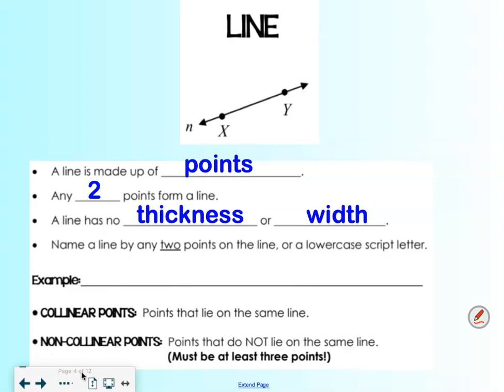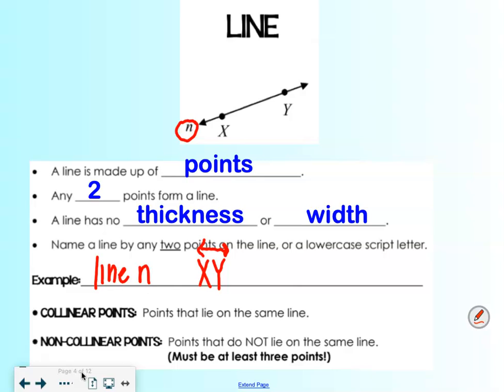So the first we can name this line. Do you guys see this little cursive N, script N? So you can call it line N. That's one way to name it, with that little script letter. Or by any 2 points on the line. So what are my 2 points on this line? X, Y. So you could call it XY, but then you put a little line on top.